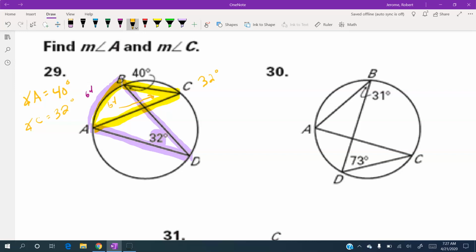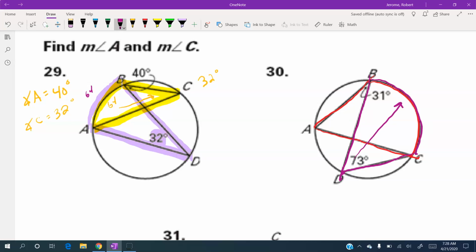Okay, we're back. So let's try number 30. Let's see what's going on. Angle A and its arc also comes from angle D. So angle D produces the same arc.